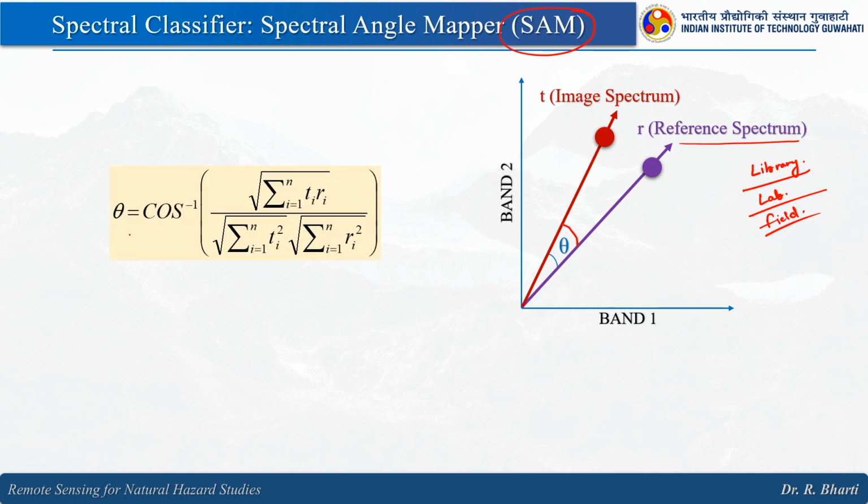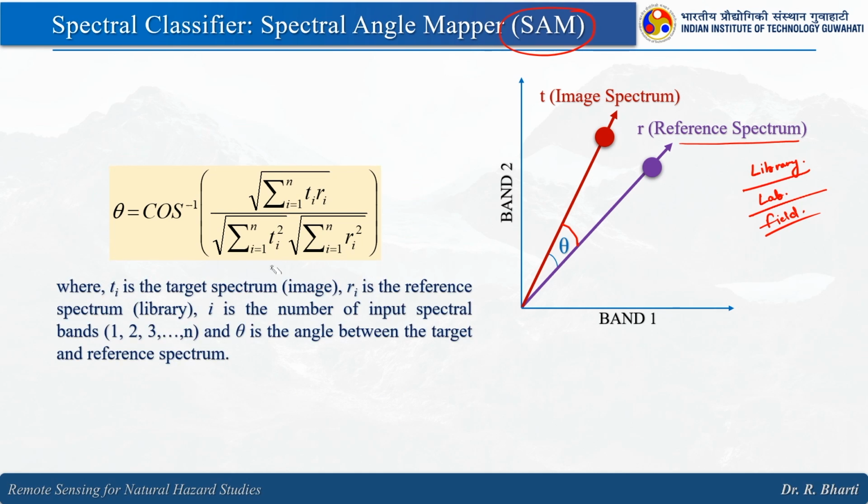So, this theta is calculated using this particular equation, and here Ti is the target spectrum, Ri is the reference spectrum from the library, field or lab, i is the number of input spectral bands, it can be 200, 300 depending upon which data you are using, and theta is the angle between the target and the reference spectrum. So, if it is more, they are not in the same class. If they are very close, then they are in the same class, right.